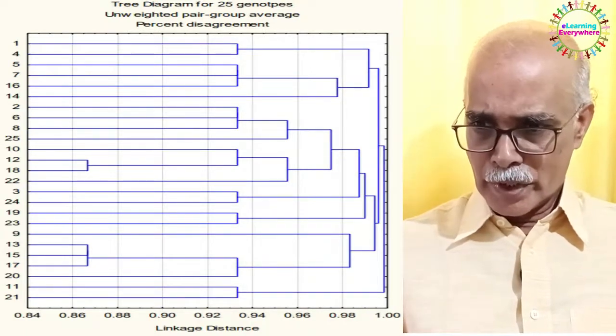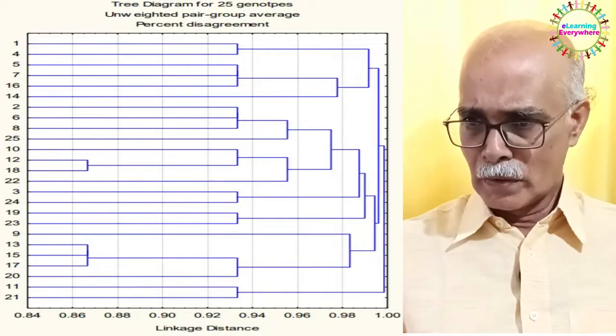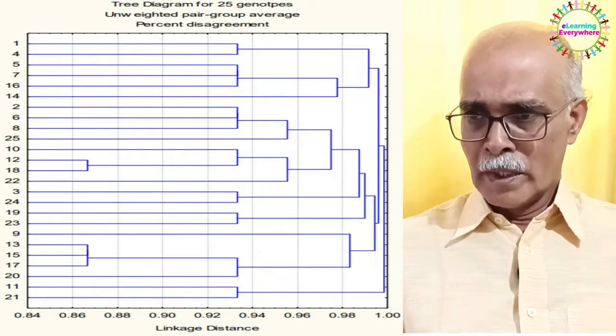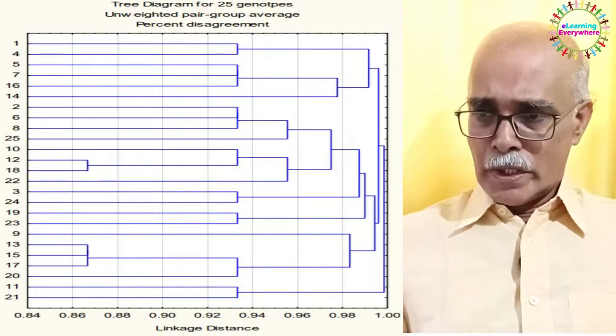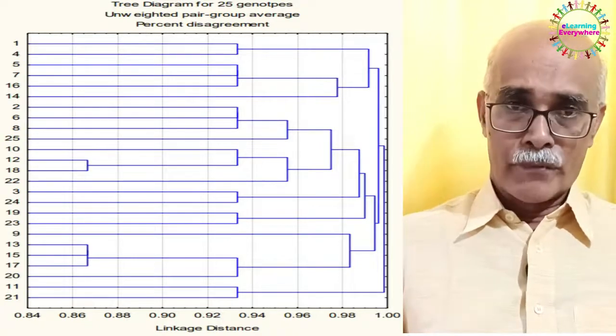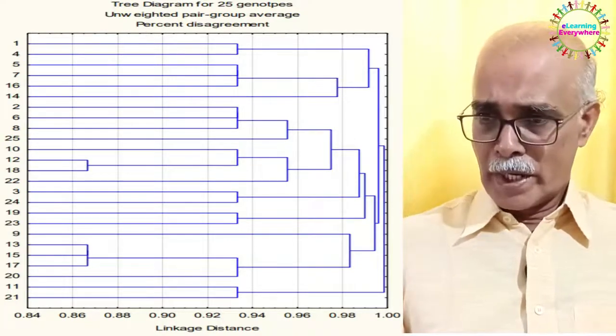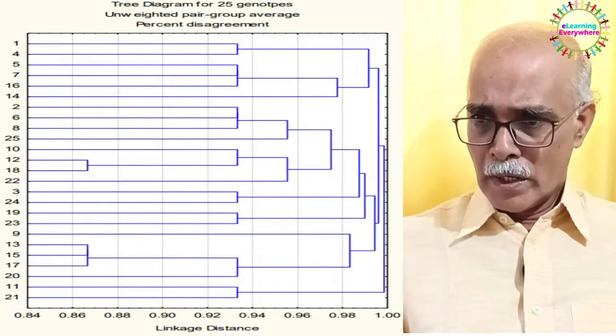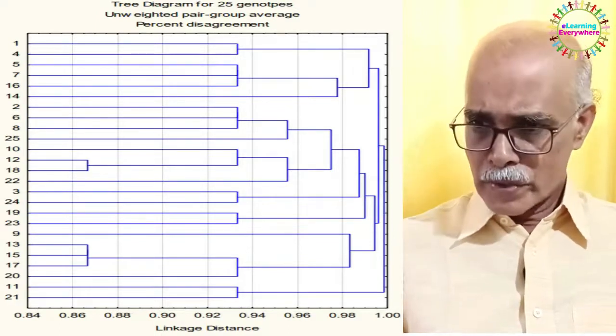Similarly, the genotypes 13, 15 and 17 are very close to each other. Thus, if you are analyzing the dendrogram systematically, you can find out the closest genotypes, and here the closest genotypes are 12 and 18, they are very close.